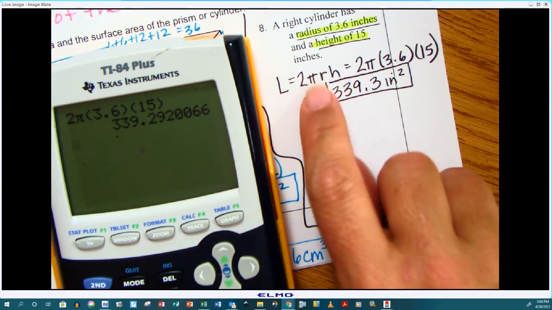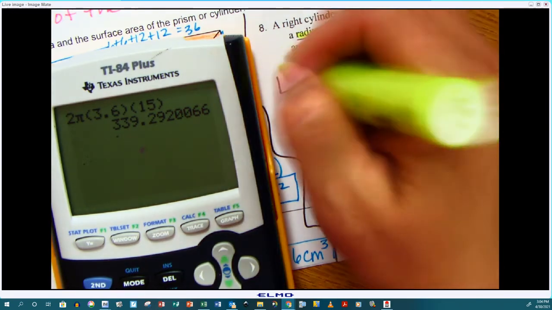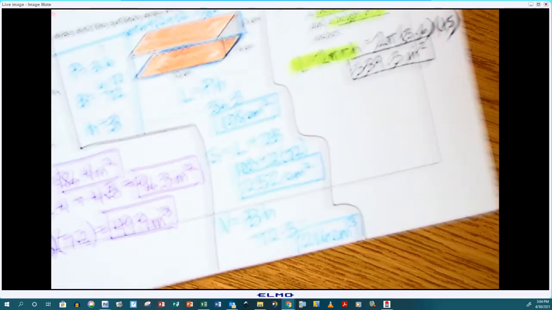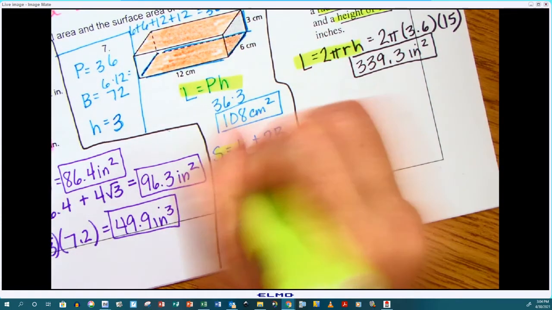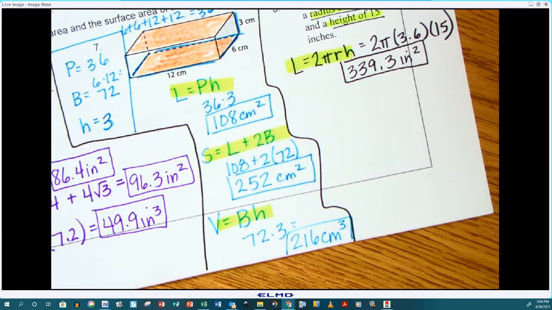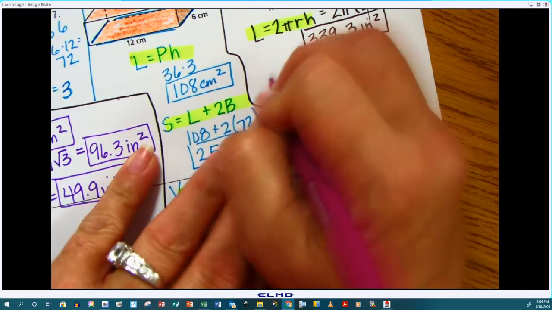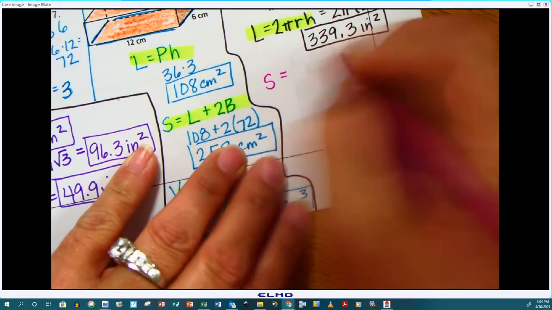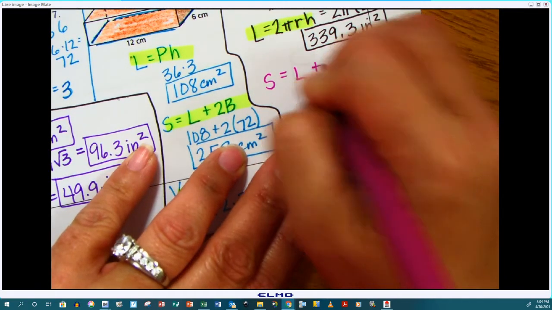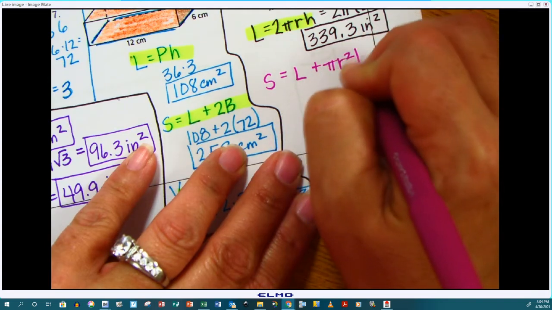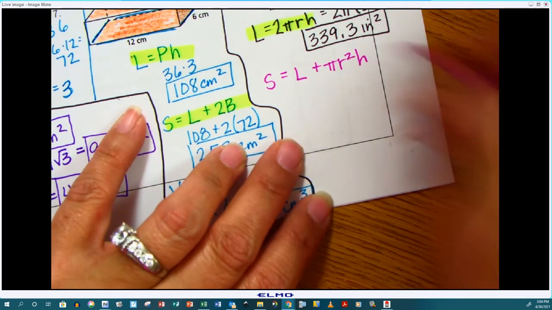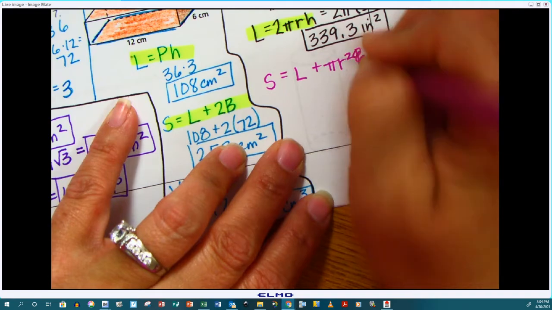And guys, these formulas right here are straight from your formula chart. Okay, the lateral area, the surface area, the volume, it's straight from your formula chart, okay? I'm not magically making them up or memorizing them. They're right there on your formula chart. Surface area is lateral area plus 2 pi r squared. Oops, lied.